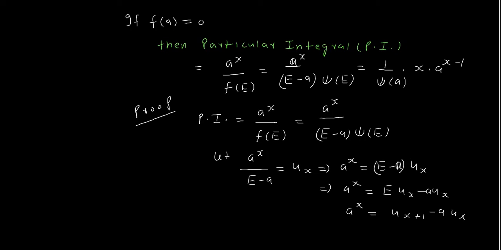So if we multiply on both sides by a to power minus (x plus 1), if we write in the next page, then what is the expression? The expression is u(x plus 1) minus a u(x) equal a to power x.